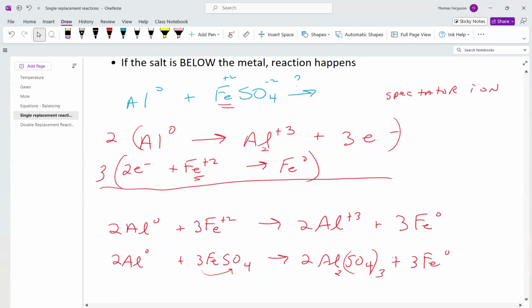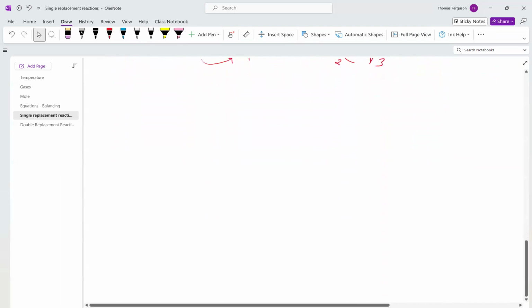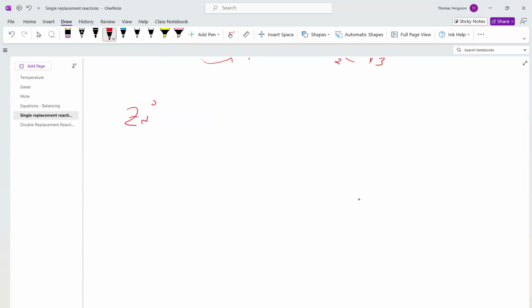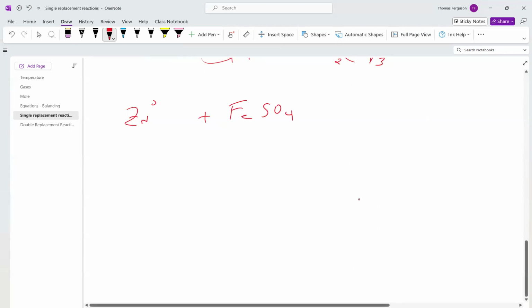Okay, so let's do zinc metal and, well, let's do rust instead.